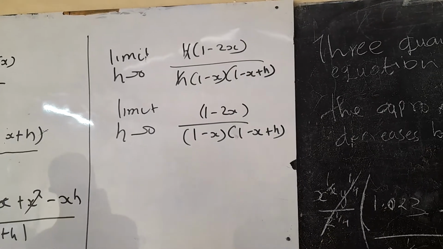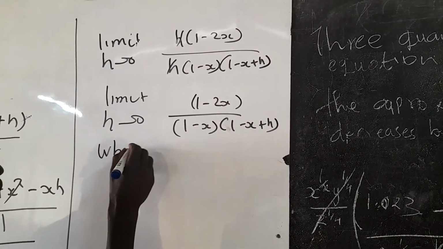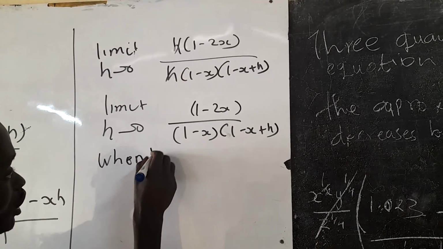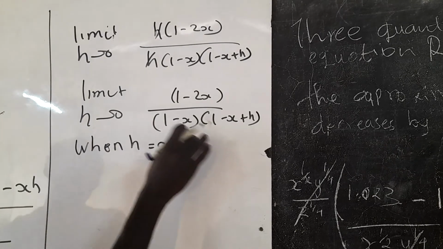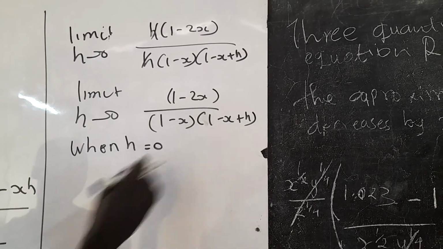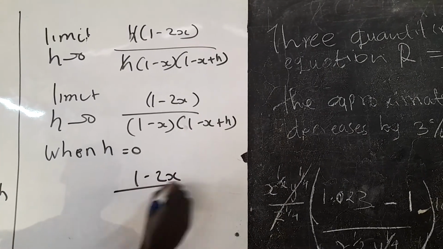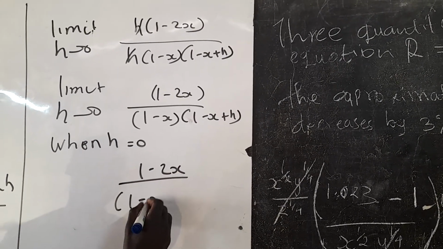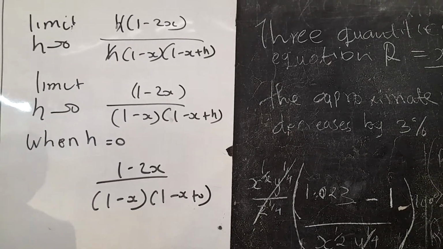Now, at this point, I can use the limit, h is equal to 0. So when there is h, I will replace it with 0, such that I will have 1 minus 2x all over 1 minus x, 1 minus x plus 0.